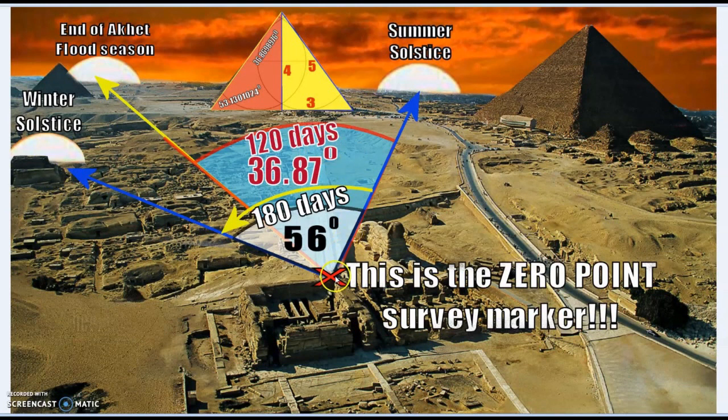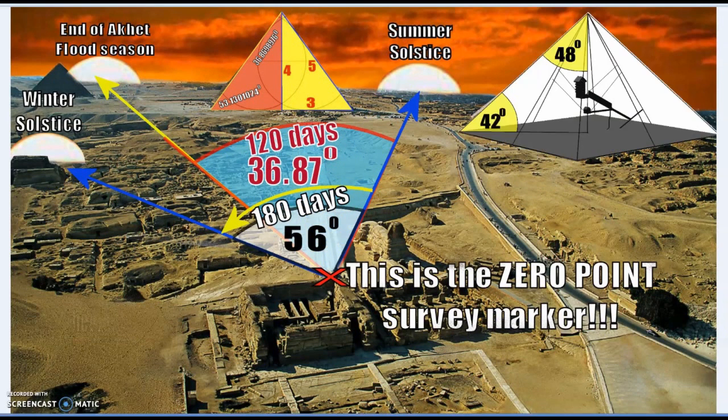But again, an important note is that what you see of the Great Pyramid is the corner of it, not the profile. So you're looking essentially directly at Khafre's pyramid, but the Great Pyramid is seen from the corner.